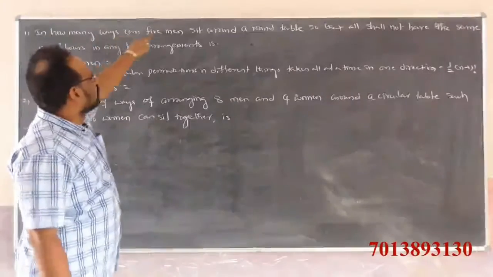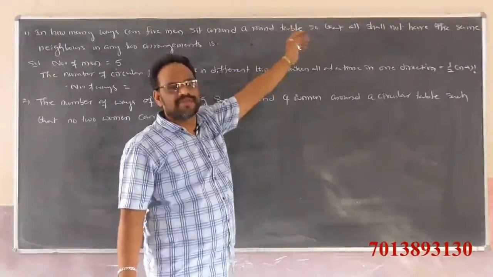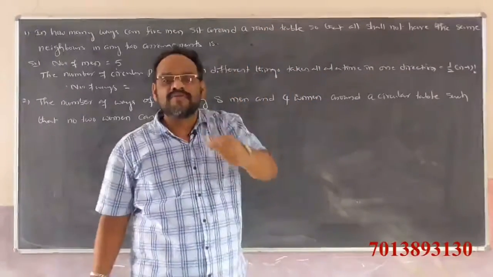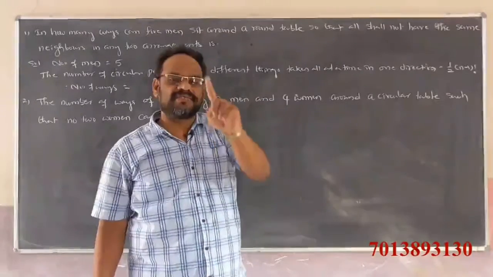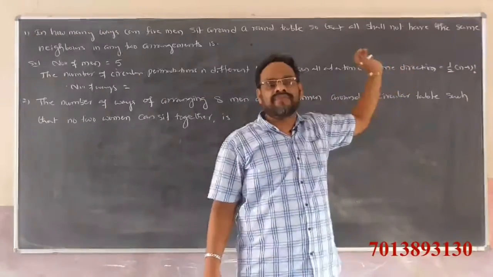In how many ways can 5 men sit around a round table so that all shall not have the same neighbors? It means we consider only one direction, clockwise or anti-clockwise. We use the formula half of n minus 1 factorial.